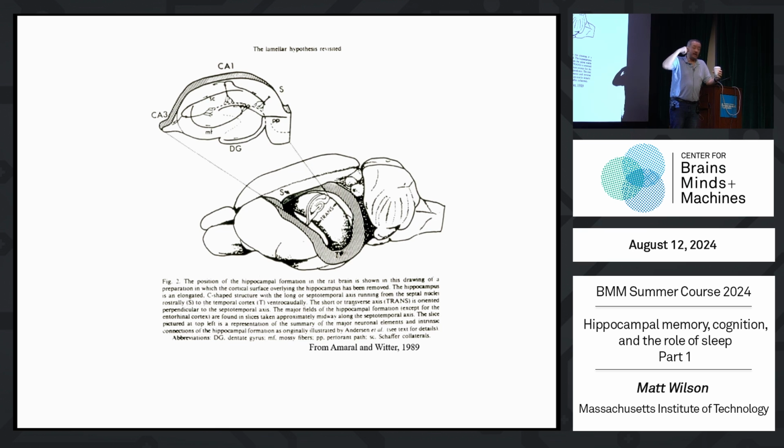The ventral stream comes along the temporal lobe and carries information about object identity, so-called what information. So you have the what and where streams, and this dorsal stream, the where information, tends to converge here in the medial entorhinal cortex and then into the dorsal hippocampus.